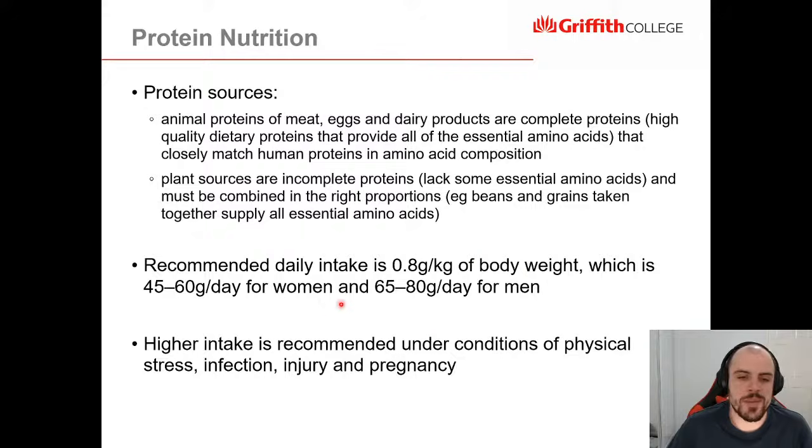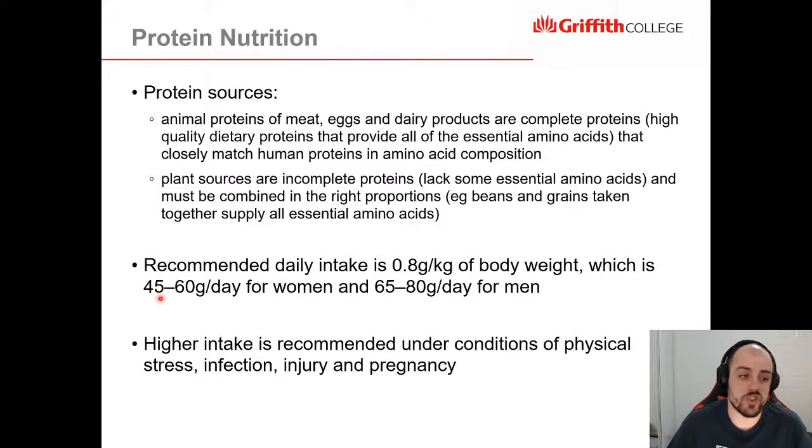Now, the recommended daily intake, look, I don't like to go too much on these because it just depends so much on your body's need. So for instance, you might have this recommended daily intake. However, if you are an elite athlete, you're going to need way more of this. And that's what it's saying down here.